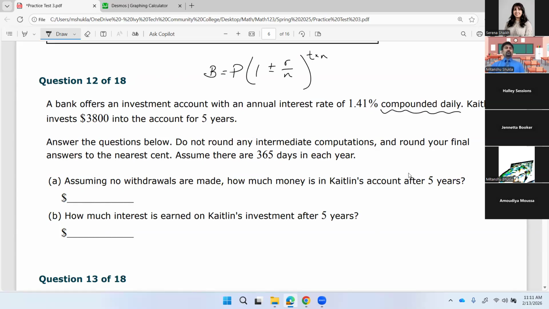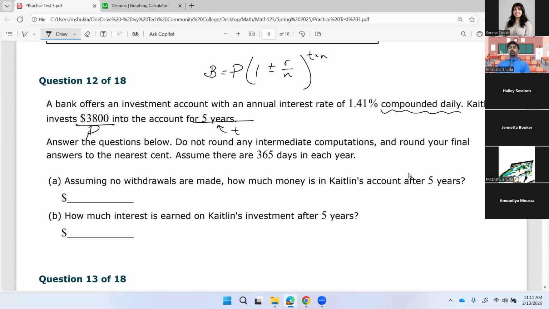Caitlin invests $3,800. Hey, that sounds like a principal to me, right? Into the account for 5 years. Hey, that sounds like some time to me. Okay. Answer the question. Assume no withdrawals are made. What is her money amount in 5 years?